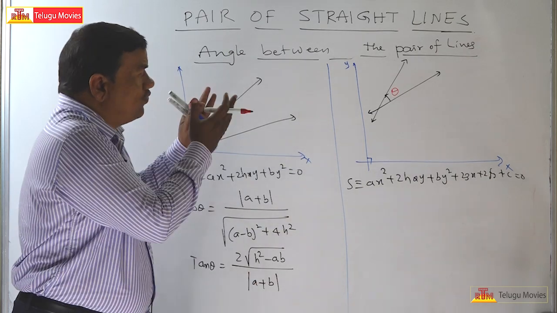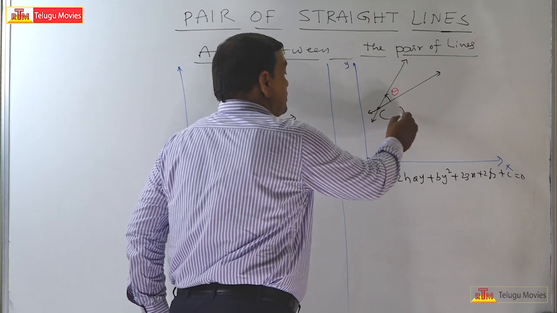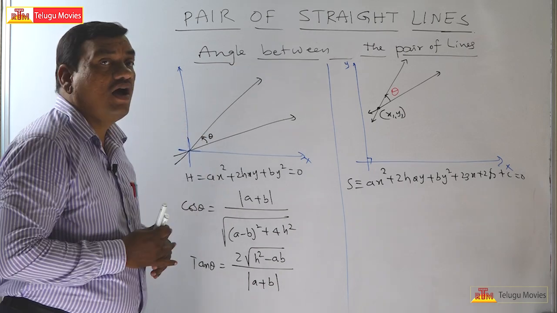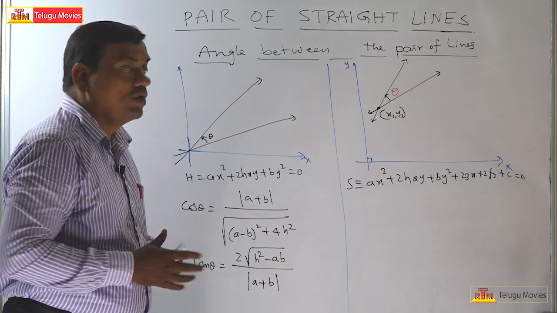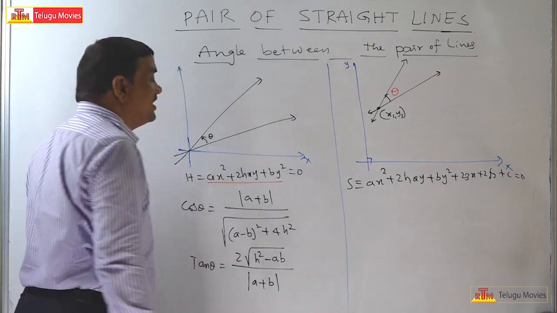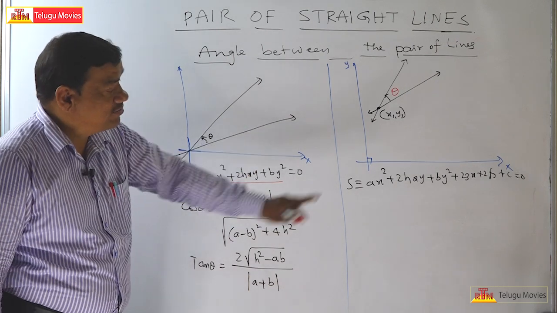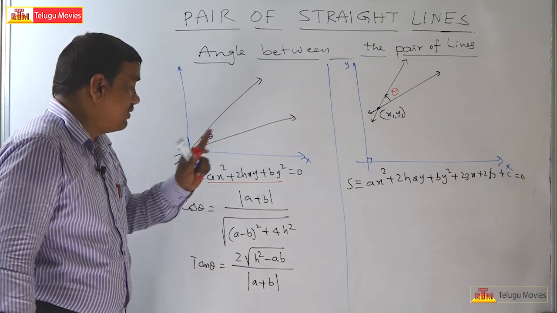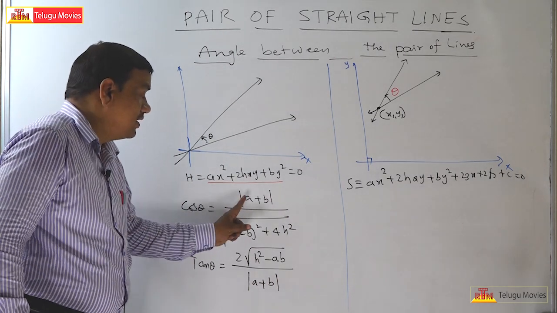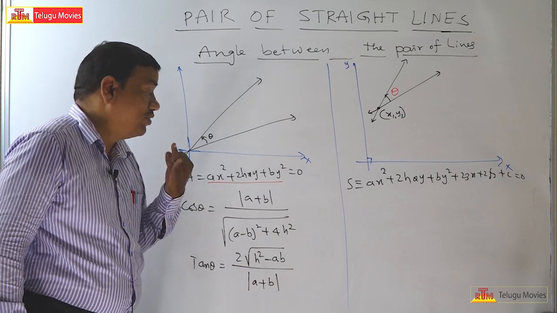Now we know that their point of intersection is not the origin, so it is something x1 comma y1. Then how do we find the angle between the two lines? If you observe, up to the second degree terms, here ax square plus 2hxy plus by square, there also ax square plus 2hxy plus by square. If you compare with cos theta, only the a, b, h values are used.